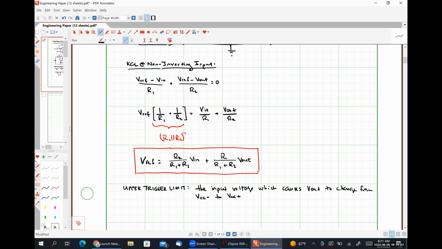So it's the input voltage that causes the output to switch from its low state to its high state, okay?